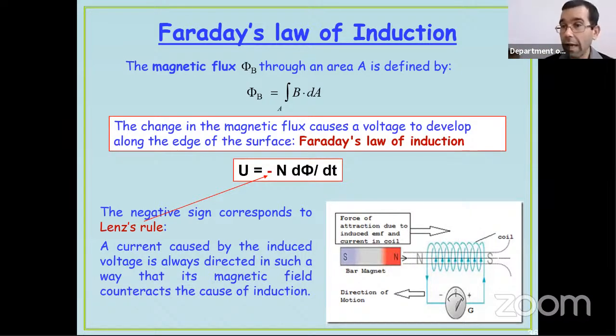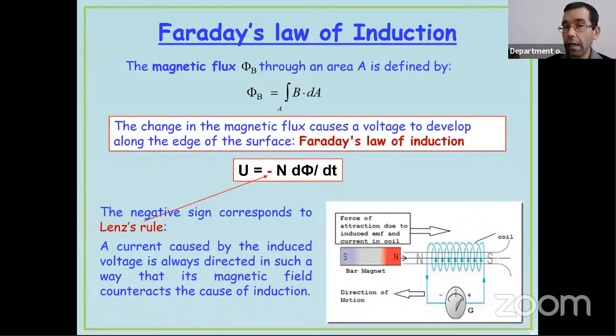So now we have a physical quantity that codes not only the size of the area, but also its orientation by means of a vector. And if we take the scalar product of this area vector and the magnetic field vector, then we get the magnetic flux.